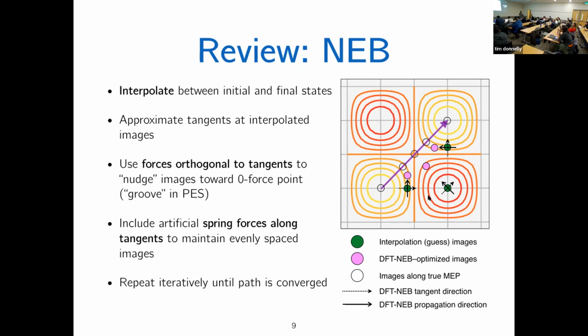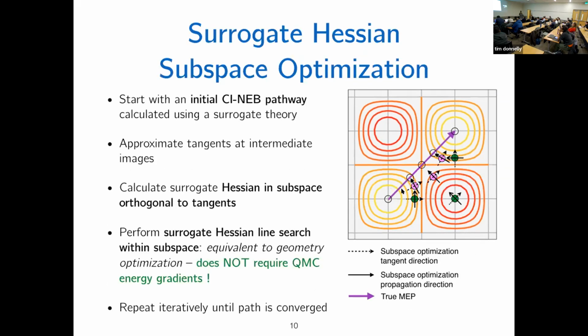So let's say you start with a path that you got from nudged elastic band, which is the pink points. Again, you compute the tangents as you would for NEB, but then you construct a subspace of the overall structural parameter space that's orthogonal to that tangent. And so for each point along the path, you're constructing a subspace that has one fewer dimension than the overall space.